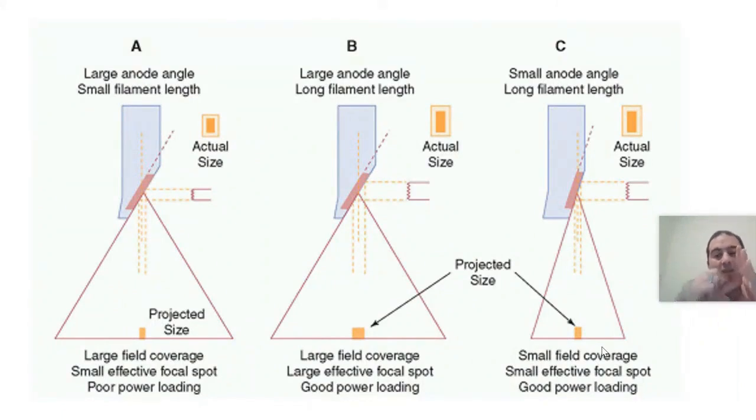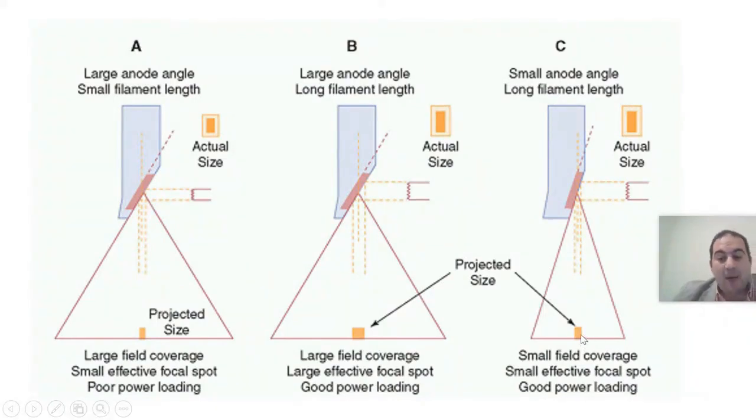So when you say that when I reduced the anode angle, did the actual focal spot size not decrease? No, it did decrease, but the reduction that occurred is not equal to the reduction that happened in the effective focal spot size. The effective focal spot size was very large, and now it has become small, resulting in small field coverage and a small effective focal spot.